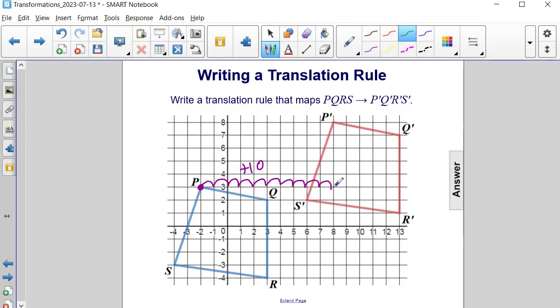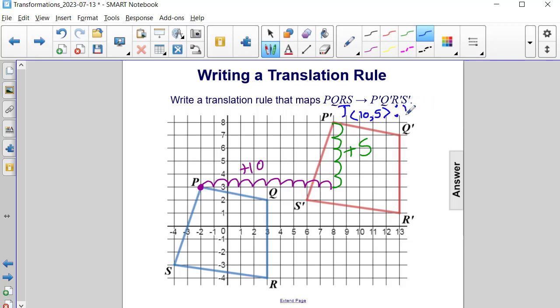And now we have to travel upward. So we have to go up 1, 2, 3, 4, 5. And 5 upward is in the positive direction. So therefore, we can write this translation rule as capital T for translation with the vector coordinates of 10, 5, and then a colon.